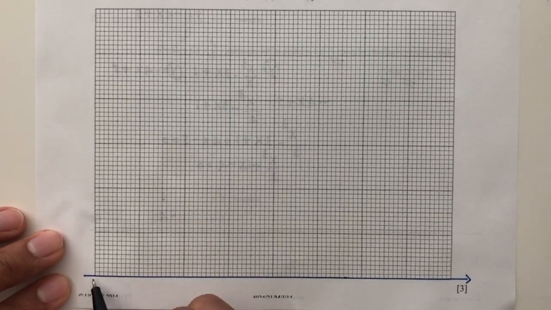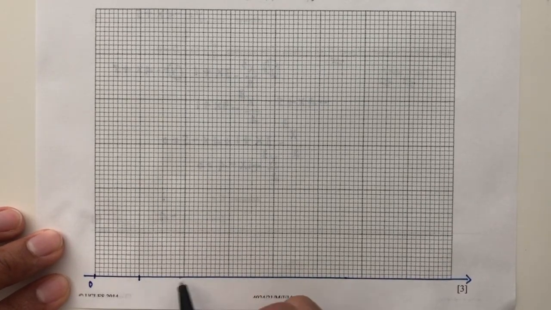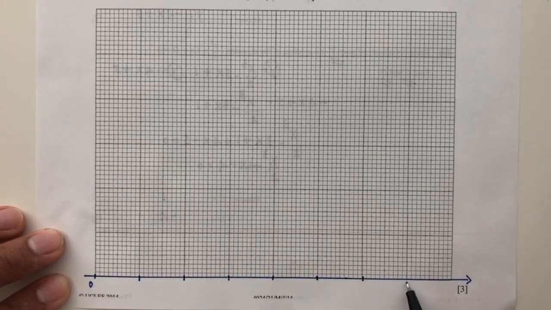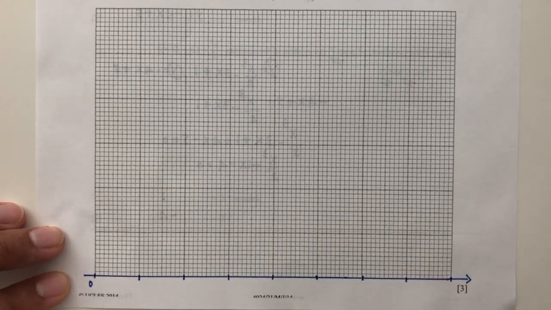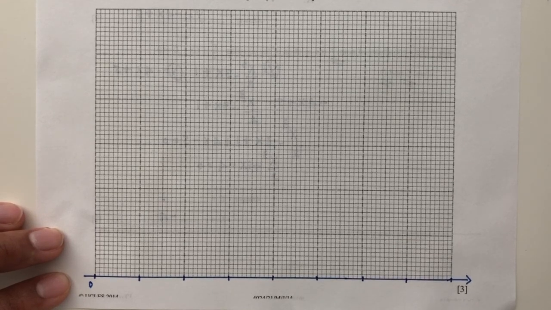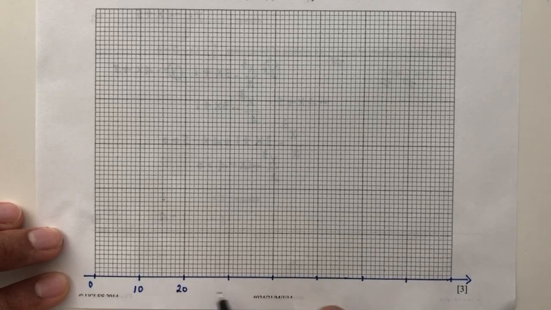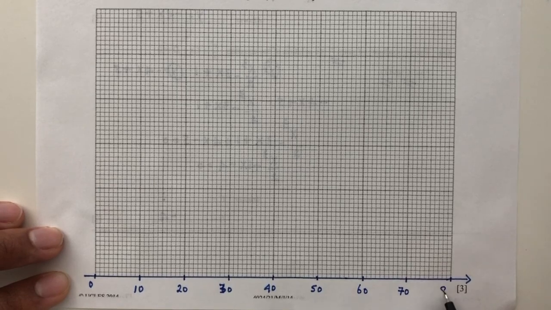Basically it's starting from 0, that'll be 1, 2, 3, 4, 5, 6, 7, 8. Using 2 to represent 10, so that will be 10, 20, 30, 40, 50, and 60. Let's write 70 and 80 if you want to, but you don't need to.